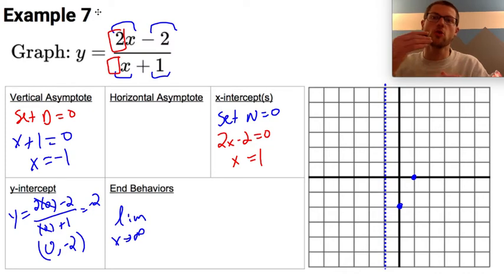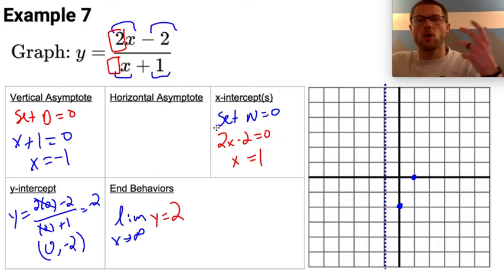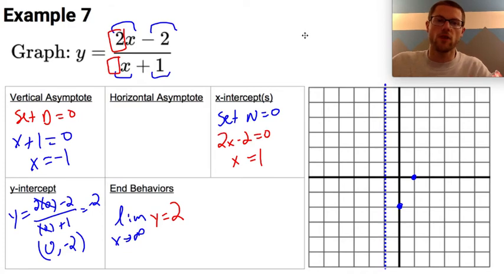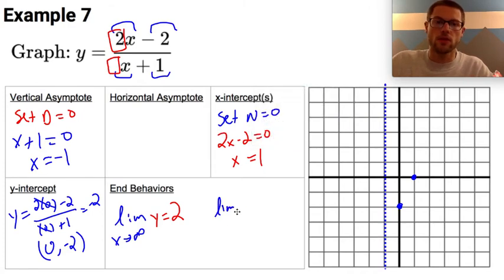So I'm going to have a 2-to-1 ratio between those things, which means that my y values are going to approach 2. That's going to be the same if I'm going to positive infinity or negative infinity. My limit in both cases, as I approach positive or negative infinity, is going to be 2.